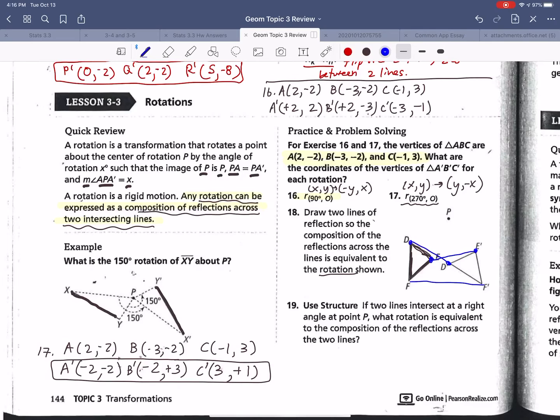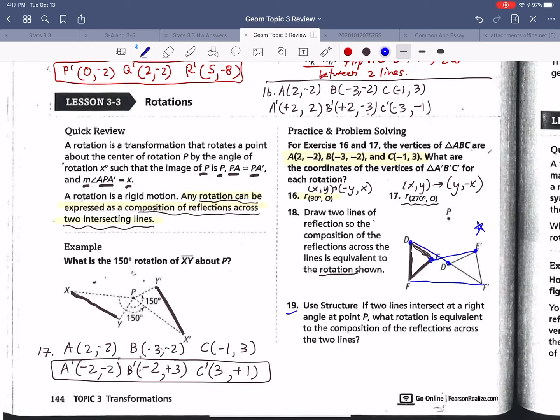So we have to flip it over two intersecting lines so that it would be equivalent to the rotation. I don't know. This is interesting. I guess I'll look at that one later. All right, I'm going on to 19.